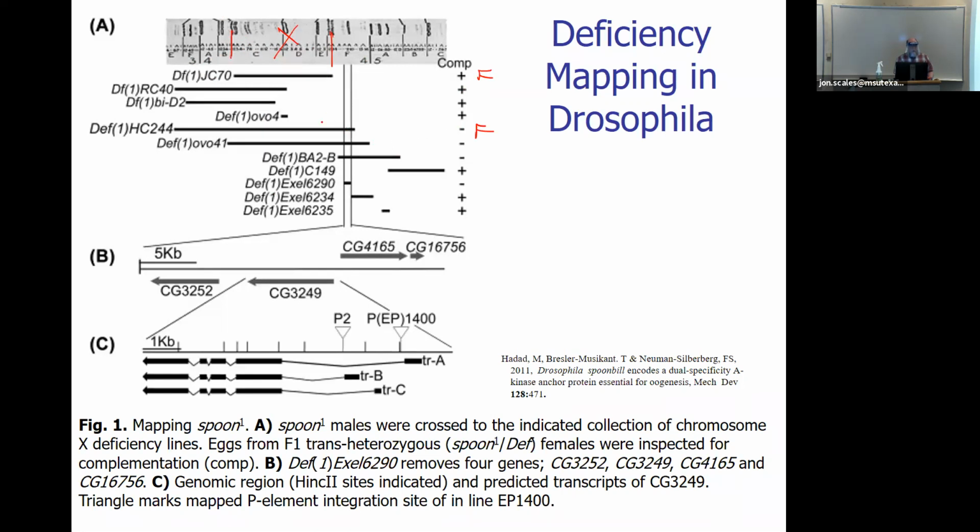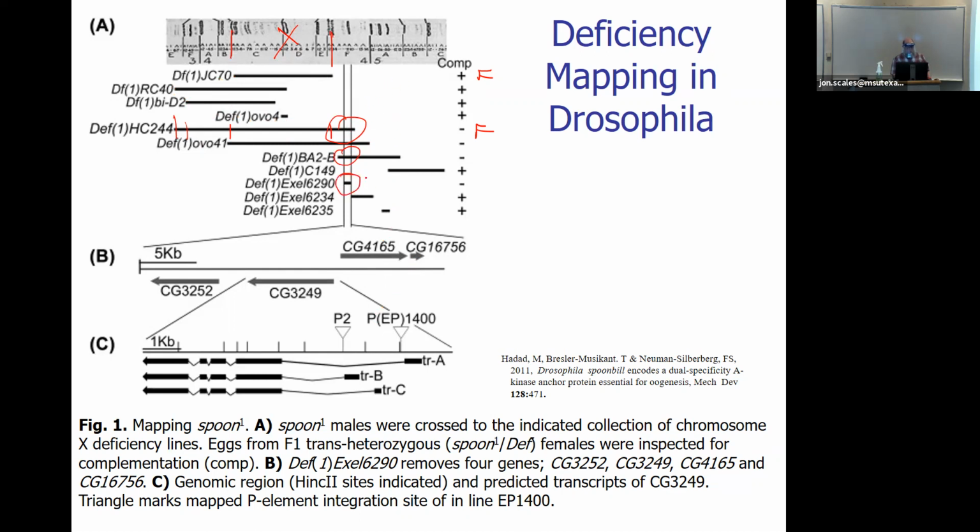So guess what? Your gene is in here, but it's not in here because you already ruled that part out. And this one ruled out over here, and this one ruled out all the way over here. So where's your gene? It must be over here somewhere.